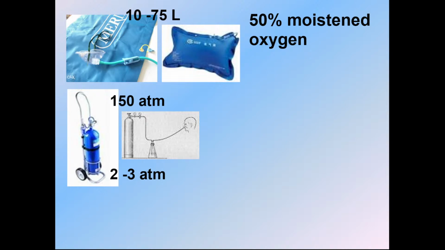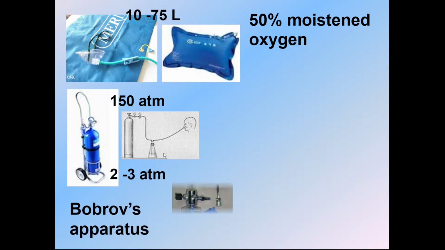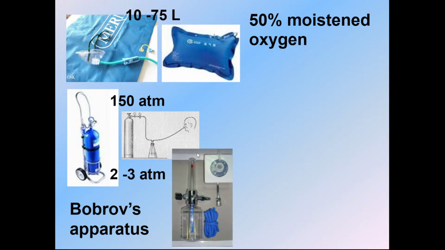Normally, inhaled air is moistened in the upper respiratory tract by the activity of the nose and mouth mucosa, but when we give oxygen to a patient with some heavy pathology, the patient sometimes cannot completely control this process. So the oxygen given to the patient must go through a bottle with water, which is called Bobrov's apparatus.